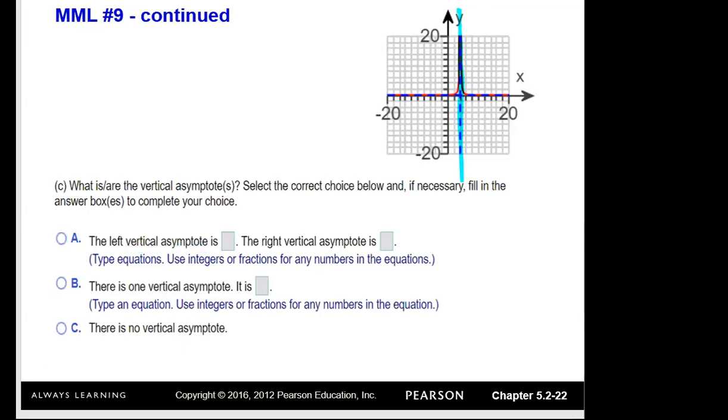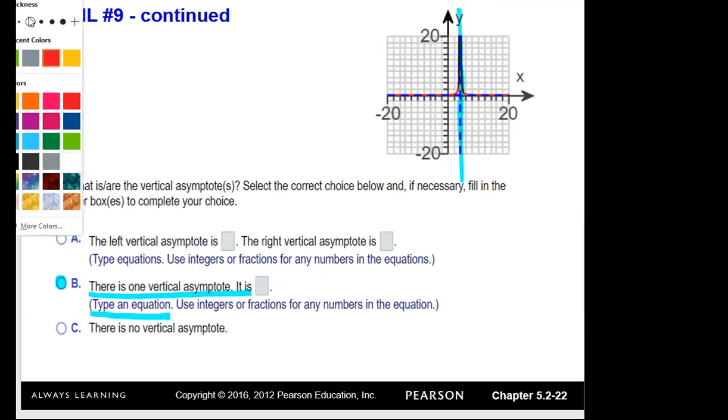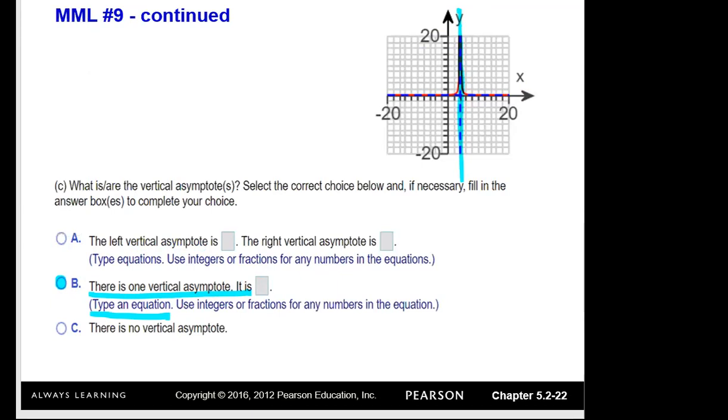There's only one, so that should have been choice B. There is one vertical asymptote, and you have to type the whole equation in here. All vertical lines are x is equal to wherever it's crossing the x-axis, and it's crossing this at 4. X is equal to 4.